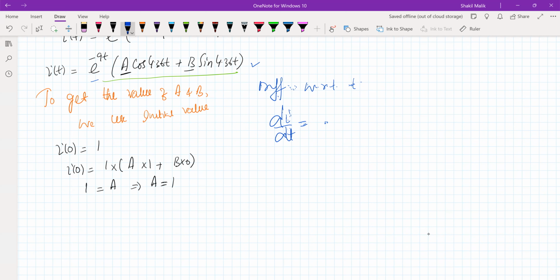So product rule will apply. So it will be e to the power of minus 9t, and differentiation of e to the power of minus 9t is minus 9, times A cos 4.36t plus B sine 4.36t.